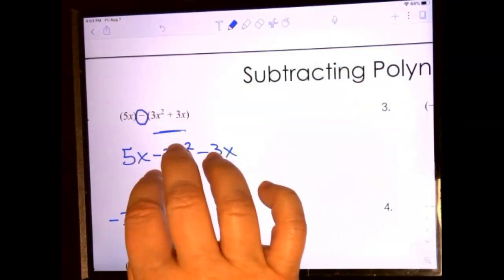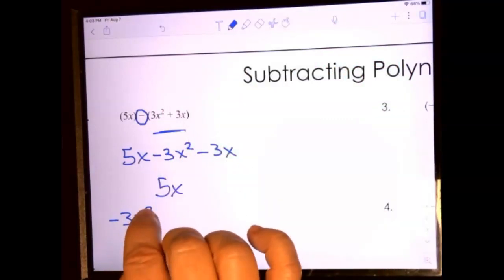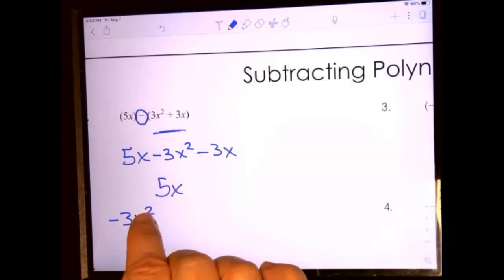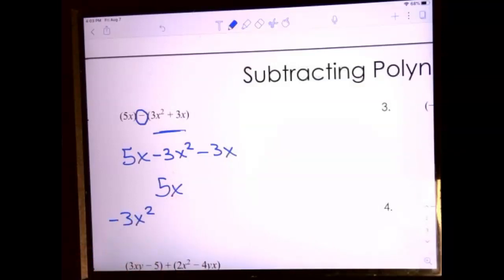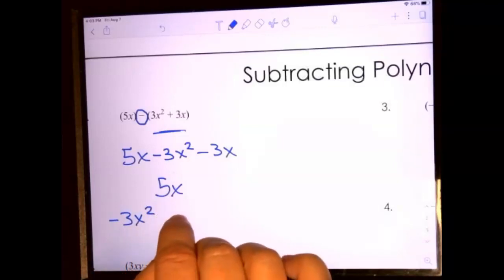Okay, I'm going to do 5x, and then I can bring down my terms. I don't have an x squared, so that's why I put it over further, because I want it to be first, because x squared is bigger than x. So I always want the bigger one to be first, not including the sign.